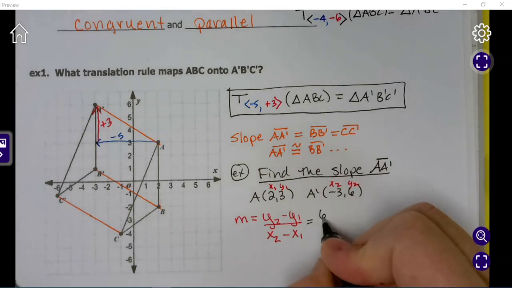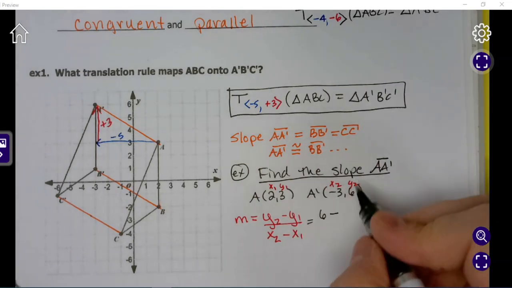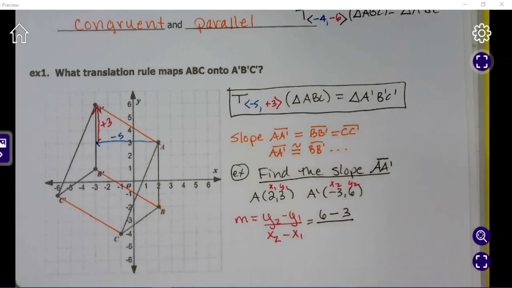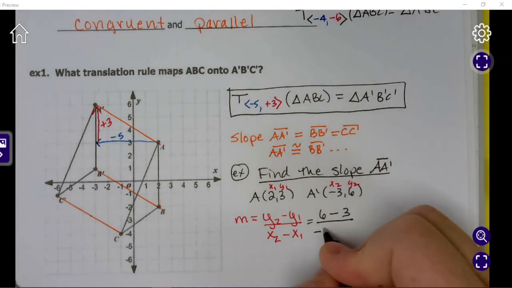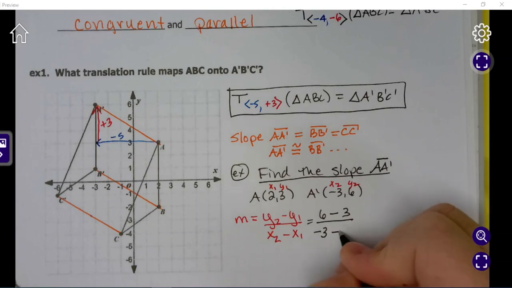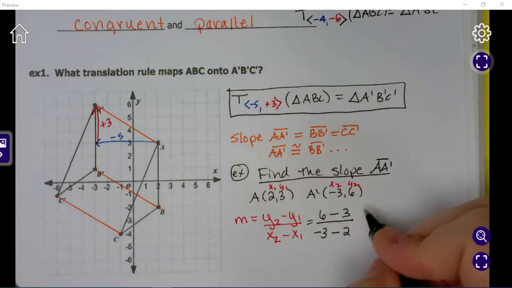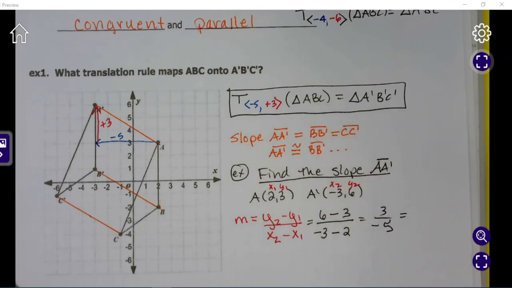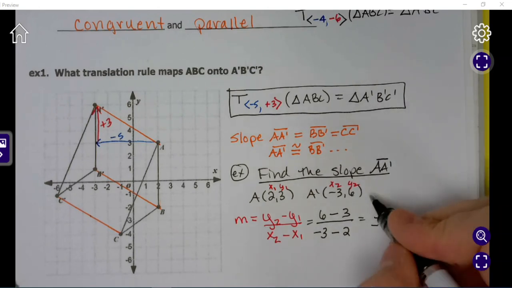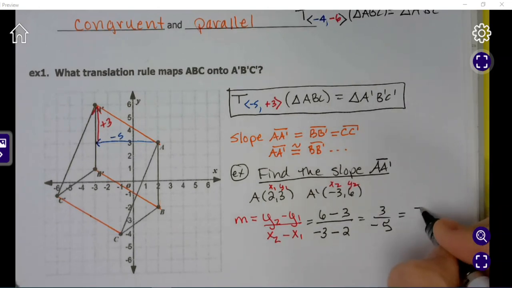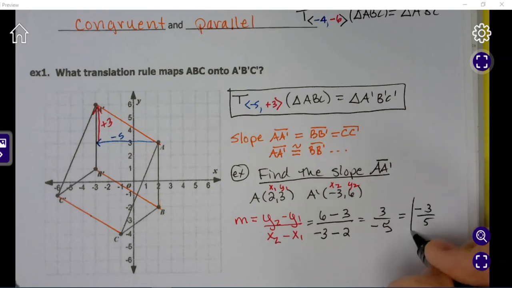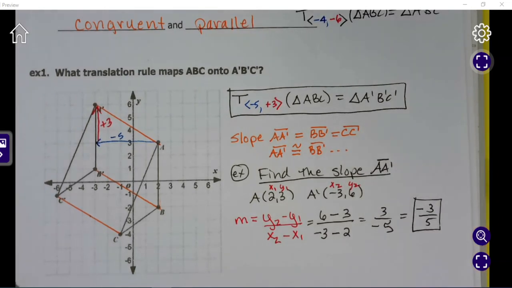So that would be 6 minus y sub 1, which is 3, over negative 3 for x sub 2, minus 2, which is your x sub 1. You get 3 over negative 5, and of course you never leave a negative monomial on the bottom, so a positive divided by a negative moves it up. Slope of 3/5.